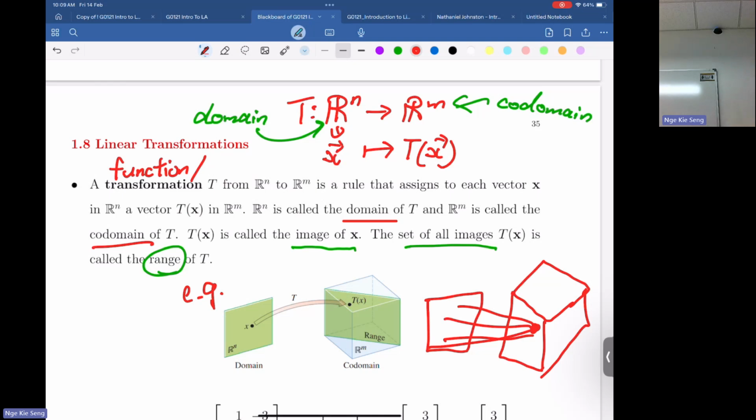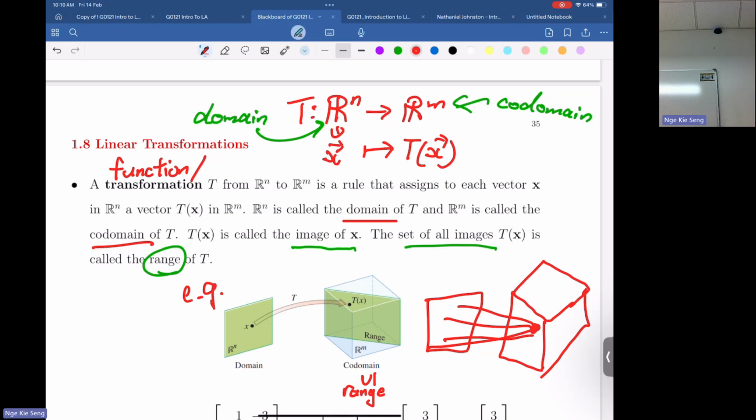That's why we create two words here, range and codomain. Your range might not be exactly your codomain, but it must be a subset. Later we'll discuss what happens when the codomain is equal to the range, but usually it is a subset. You might not hit everything in your codomain. Does it make sense?